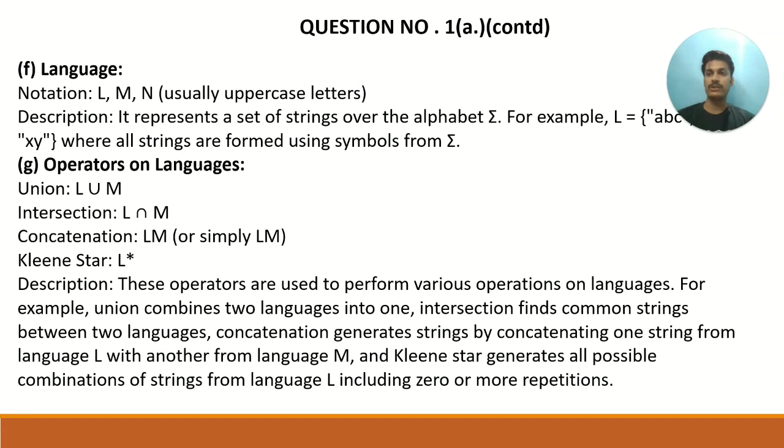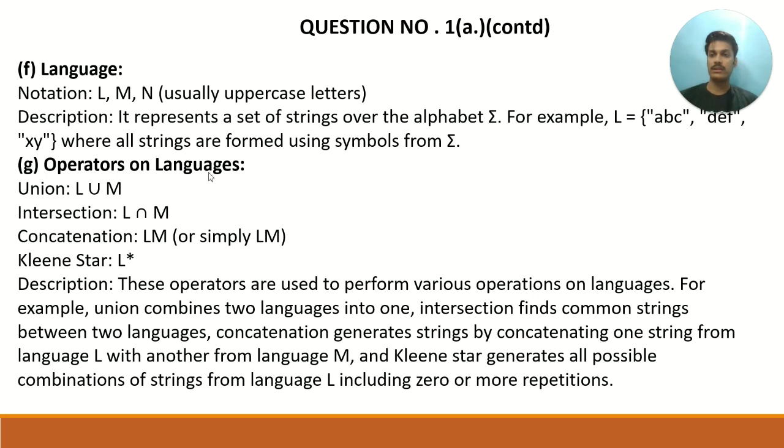Now, language. Notation: L, M, N, usually uppercase letters. Description: it represents a set of strings over the alphabet sigma. For example, language L equals ABC, where all the strings are formed by using symbols from sigma.